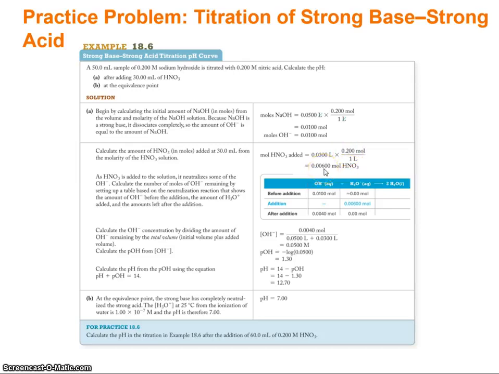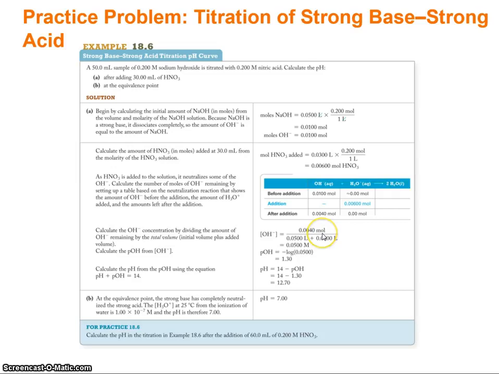I do my stoichiometry step, where I start off with 0.01 moles of hydroxide, and I've got no acid, and then I'm going to add in my 0.006 moles of strong acid. It gets completely consumed. I've got no acid left, and I've got an excess of 0.004 moles of hydroxide.